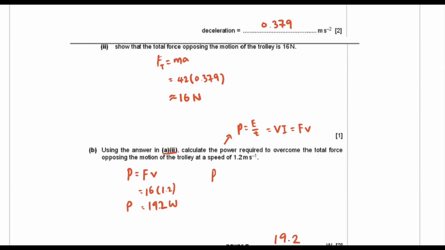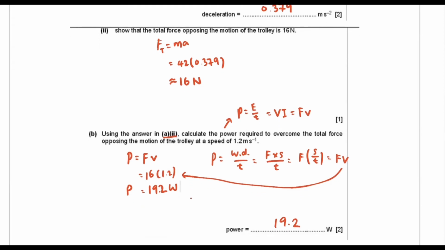So you are trying to consider it this way: work done over time, force times displacement over time. At the end, displacement over time is just velocity. Oh, so it doesn't matter. It doesn't matter, you end up with the same answer. That's why we have force times velocity coming down here, because of that same concept.